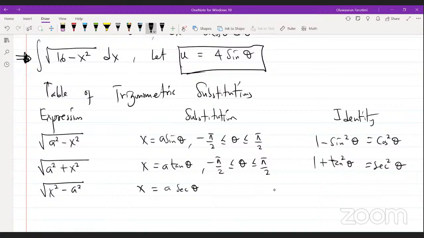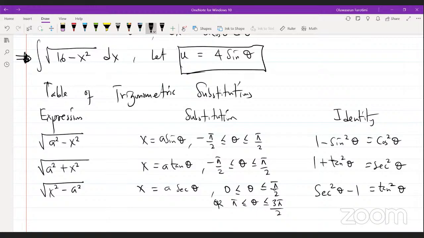But over here, theta could lie in two different intervals. It could lie between 0 and pi over 2, or between pi and 3 pi over 2. What identity becomes useful here? Secant squared theta minus 1 equals tan squared theta.